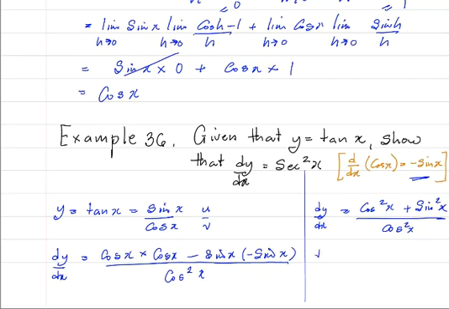Cos squared x plus sine squared x is equal to 1. So dy by dx would be equal to 1 over cos squared x, which is equal to sec squared x. So if we differentiate tan x, we're going to get sec squared x.